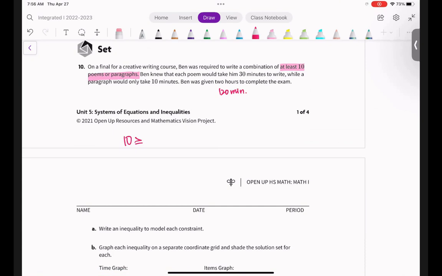Ben knew that each poem takes him 30 minutes to write, so poems are 30 minutes, while a paragraph would only take him 10. And lastly, Ben was given 2 hours to complete the exam.